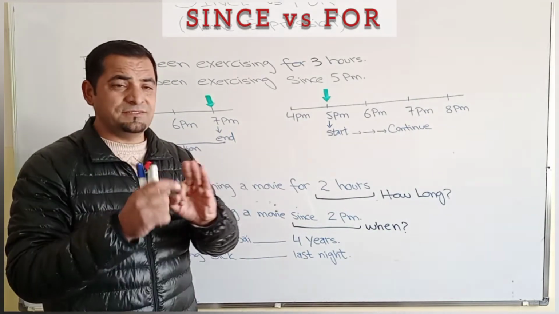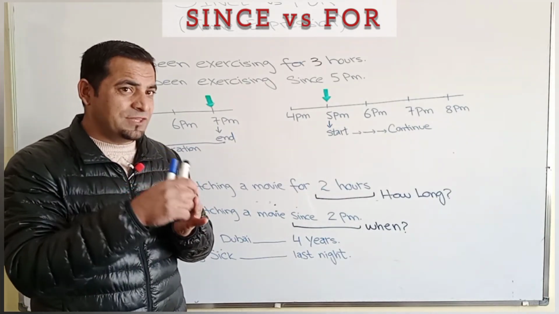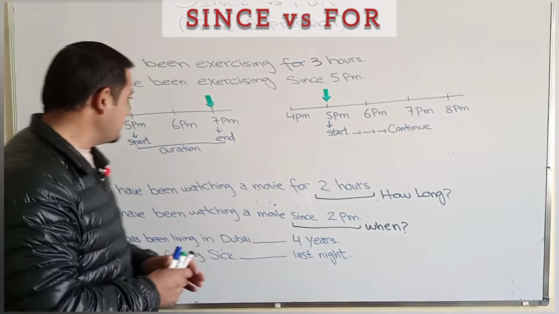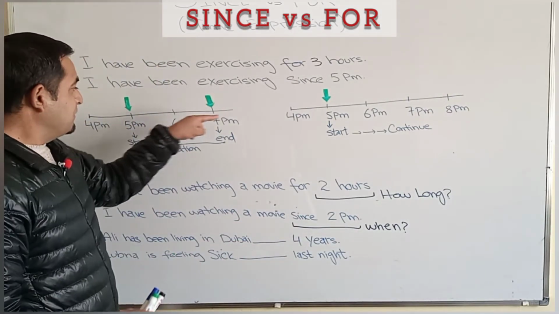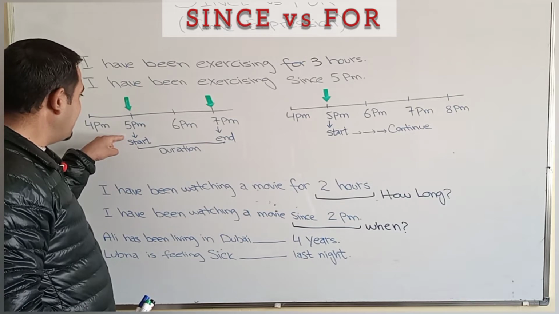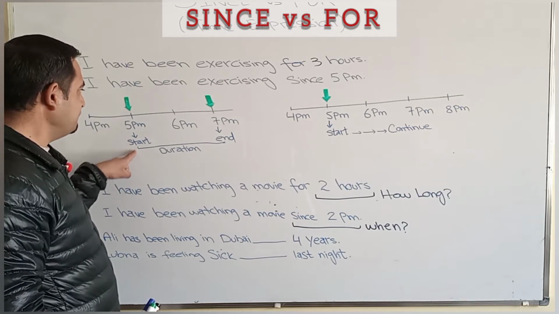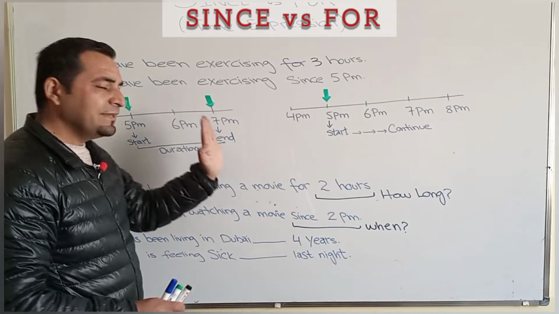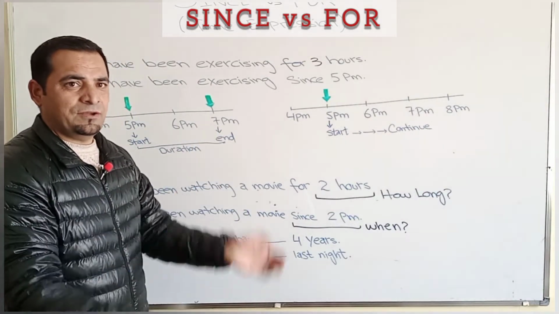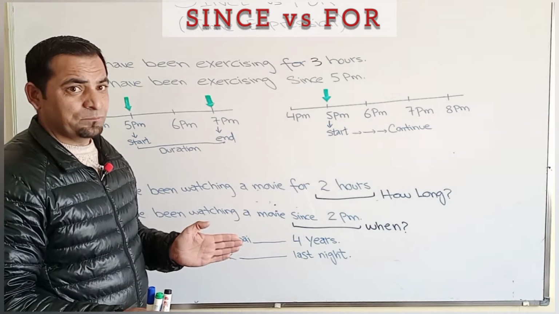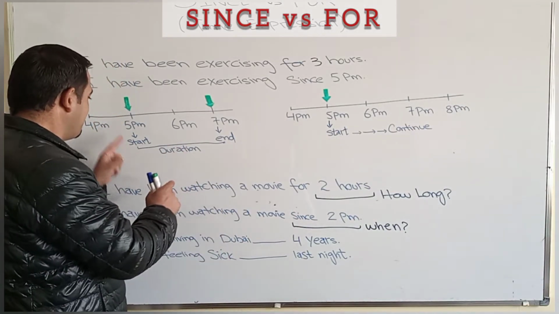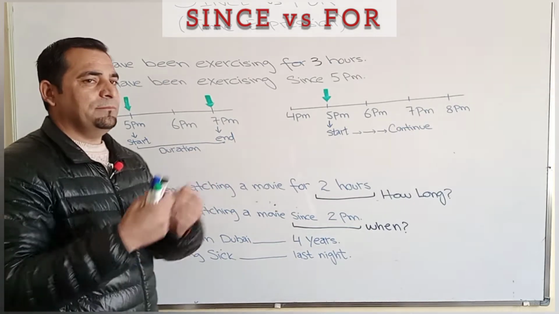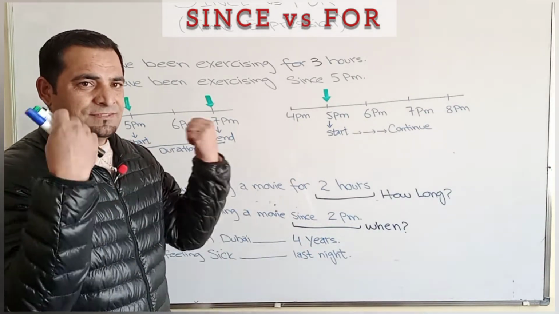So now I've drawn this figure that I have started by 5 p.m., then 6, then 7. By 7 p.m. I stopped exercising. So from 5 to 7, this is the duration of the time I exercised in the gym.